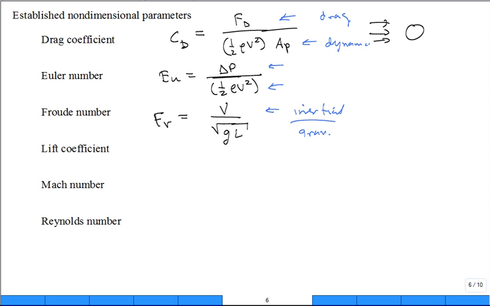Okay, what about the lift coefficient? I'll have to scoot over here. C sub L. It's a force of lift, like on an aircraft wing. And it's related to the dynamic pressure, 1/2 rho v squared, times some area to turn it into a force. And that area, though, is the area in the direction of the lift.